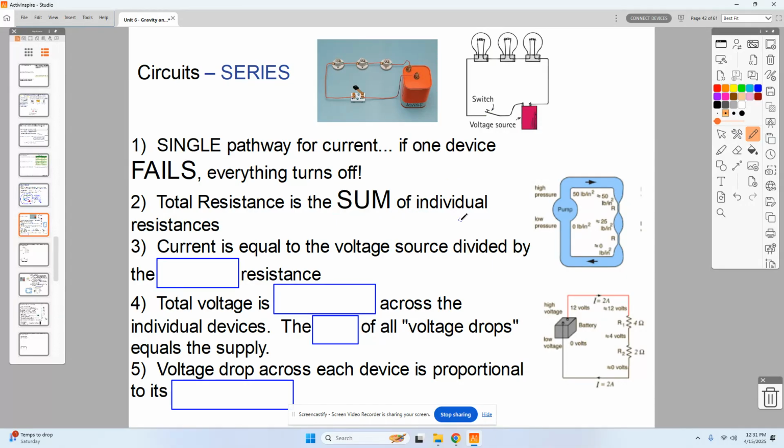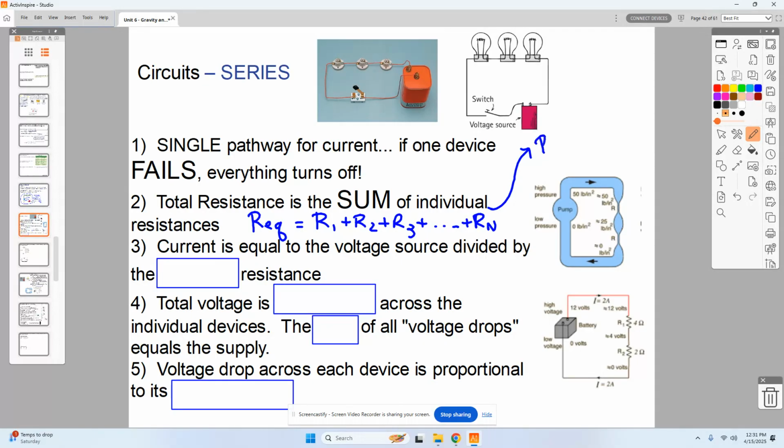Total resistance is the sum of the individual resistances, and I want to write that as an equation for you. If I want to get the equivalent resistance of the entire circuit, that would be the sum of the individual resistors, and you could have any number of these added in series. Now, that equation is a direct consequence of this equation.